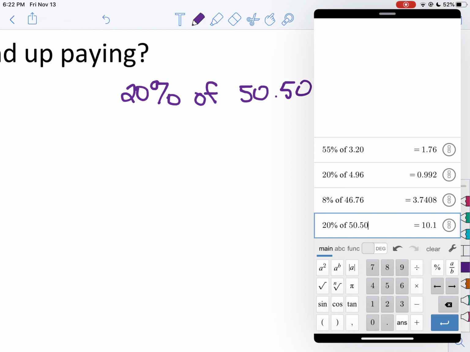So 10.1. Remember it's money, so we don't say 10.1 cents, right? And that wouldn't be $10.01 because we need another decimal place. It's $10.10.